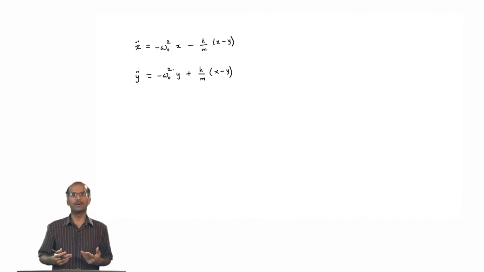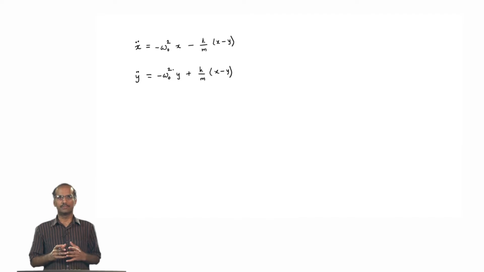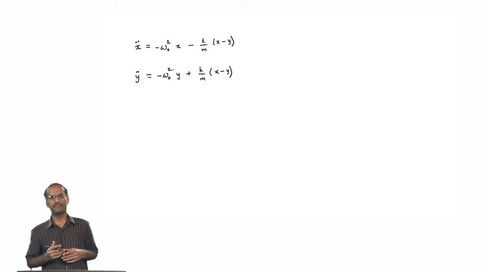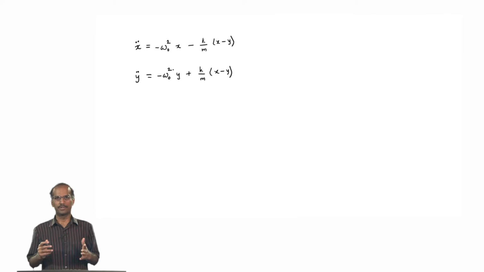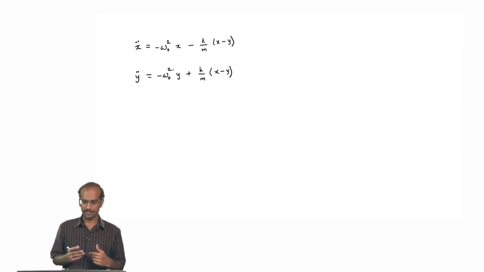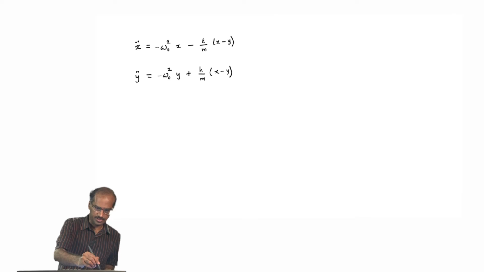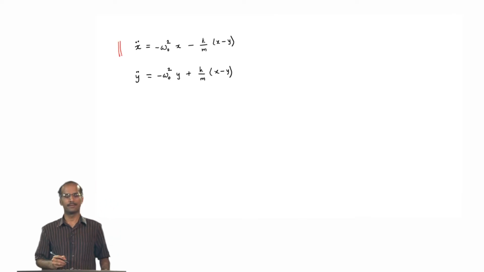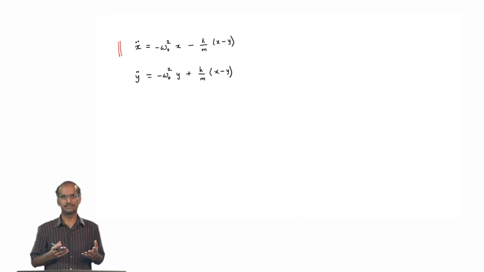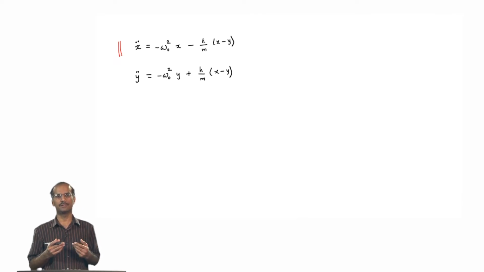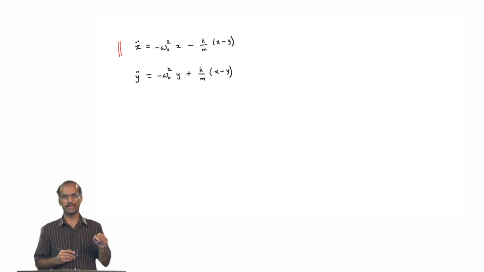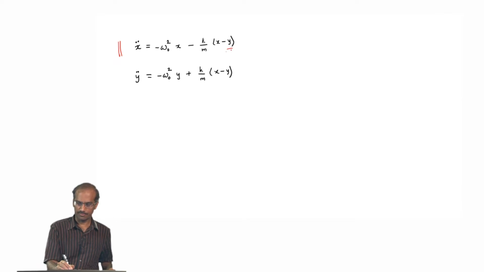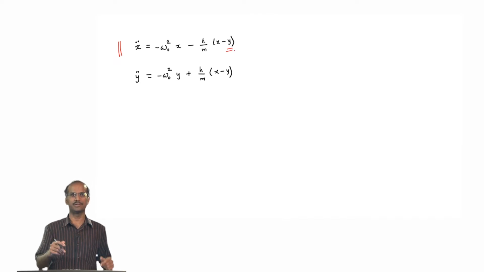Now, the question is how do I solve it? It is still a second order ordinary differential equation like the one we had for the simple pendulum and many other systems. But the crucial difference because of coupling is the following. If you look at the first equation here, it is an equation for x, the displacement of the x pendulum, but you notice that there is a contribution from the y pendulum that appears in the equation.